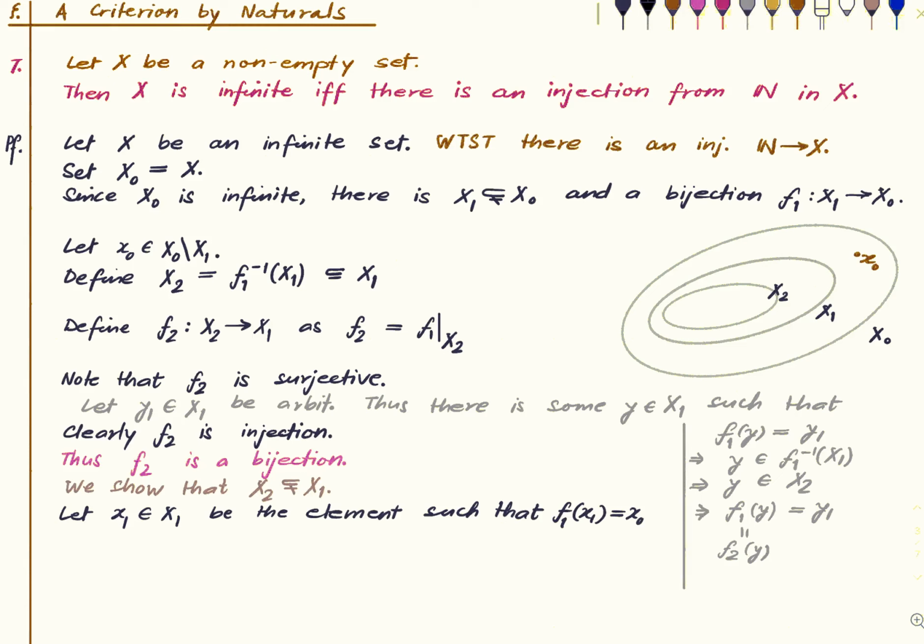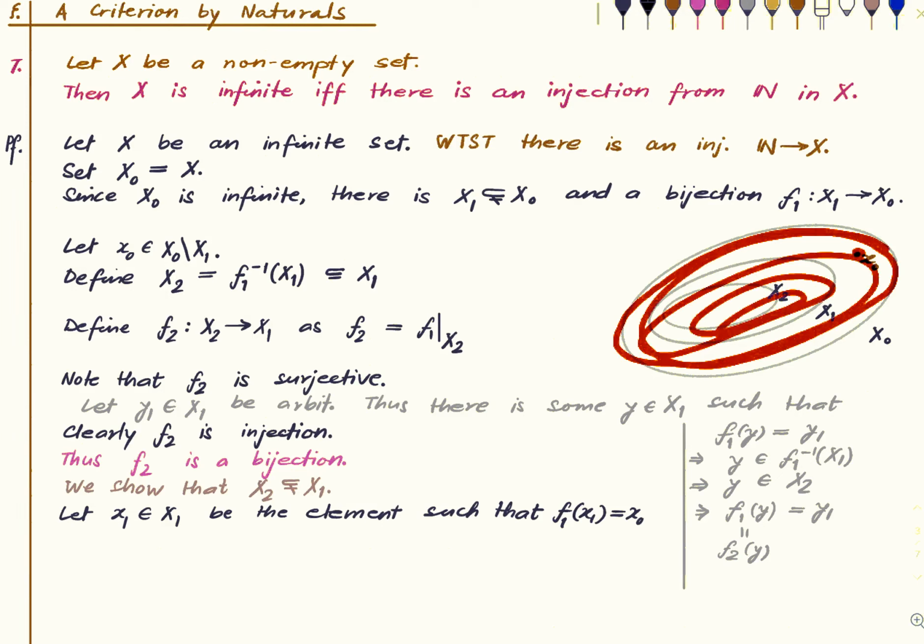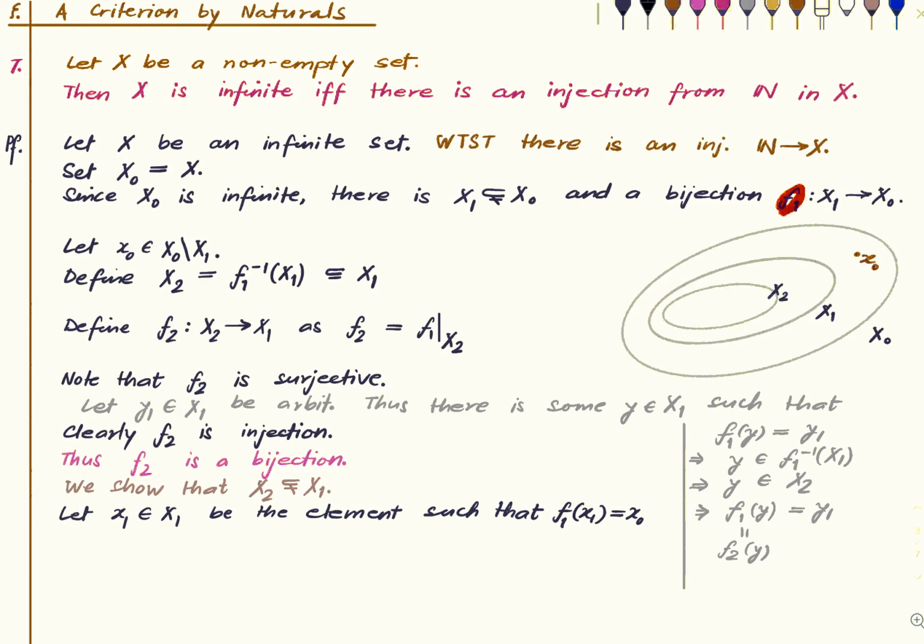So what are we saying? x0 is a point in the set capital X0, and since F1 is a bijection, there is some unique point inside the set X1, the domain of F1, which maps to x0. We claim that this is not in X2, and let me say why.